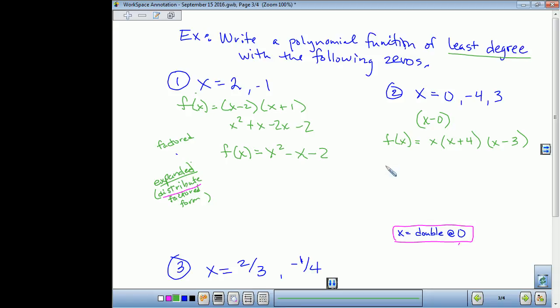What you want to do is you can only multiply 2 factors at a time. So I'm going to pick these 2 because they look alike. And I'm going to start with those 2. It's always nice to pick things that look similar and start there. So here I get x squared minus 3x plus 4x minus 12, which simplifies to x squared plus x minus 12.